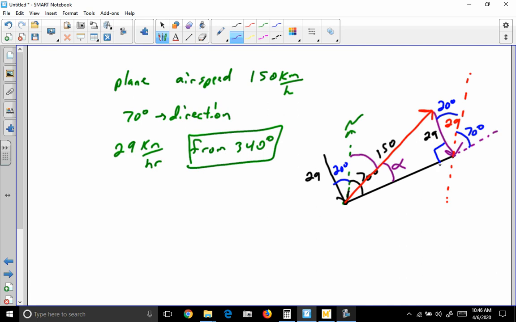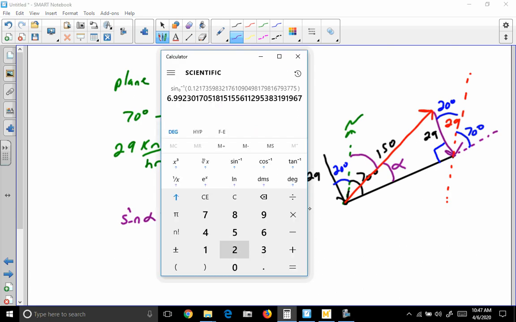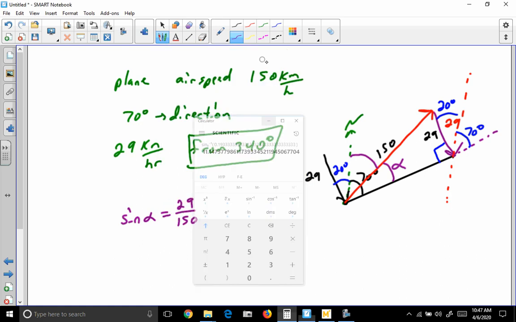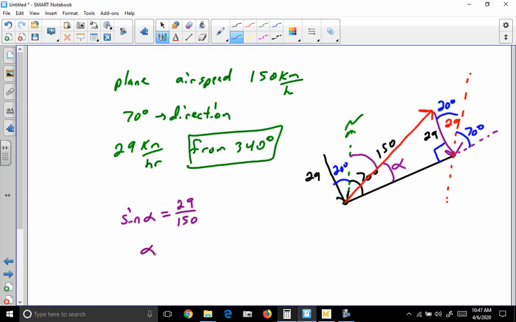Since this is a right triangle, we can say that from this side, that's the opposite side, that's the hypotenuse. So sine of alpha is 29 over 150. If we take inverse sine of 29 over 150, we get about 11 degrees.